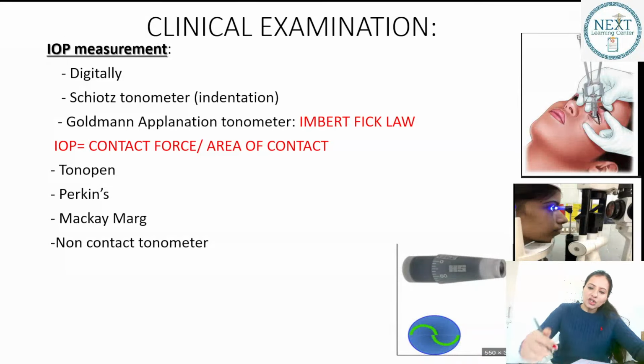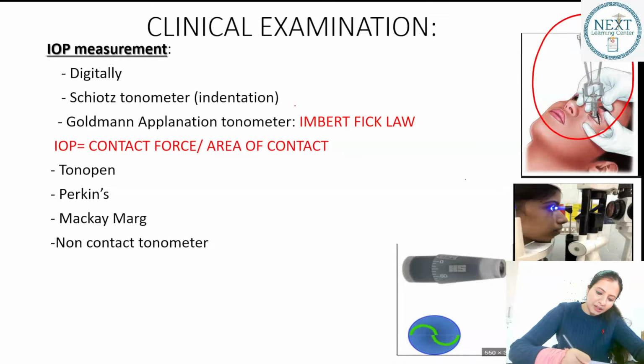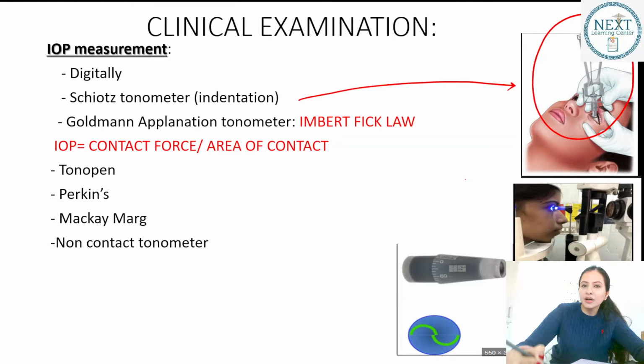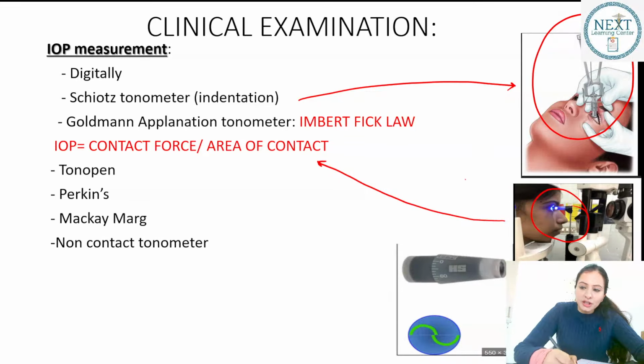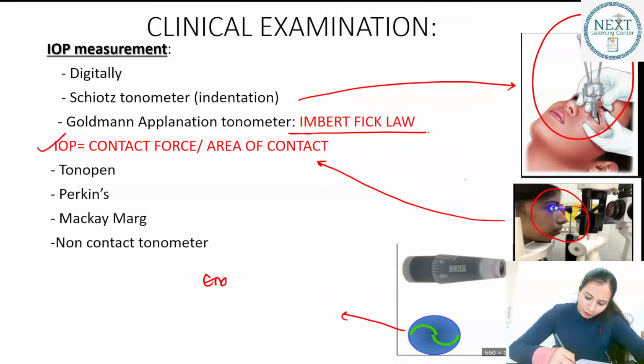Clinical examination: this is your Schiotz tonometer, an indentation tonometer. This is your Goldmann applanation tonometer, which is of applanation type, based on the Imbert-Fick law, which says that intraocular pressure is equal to contact force per unit area. What is the end point for IOP?